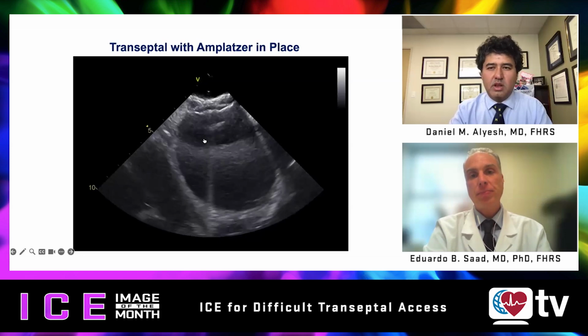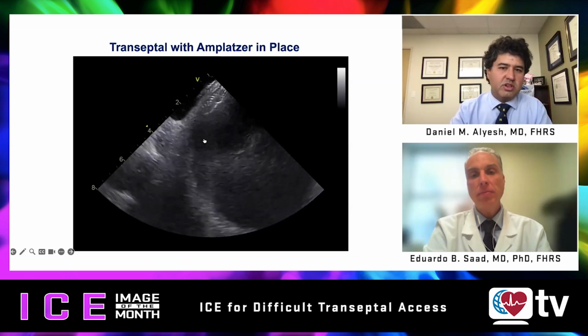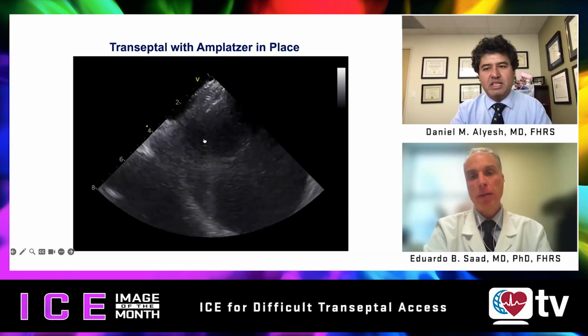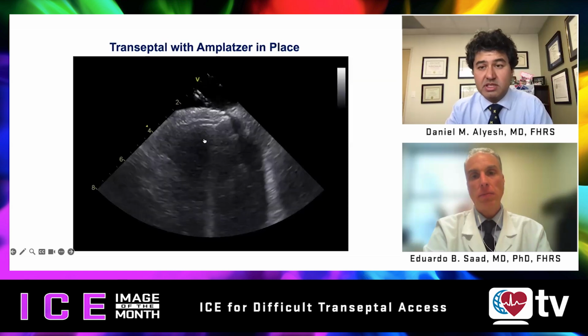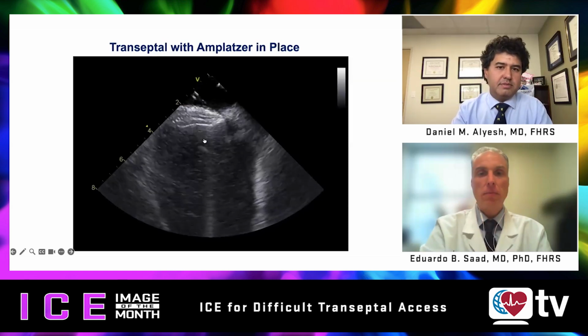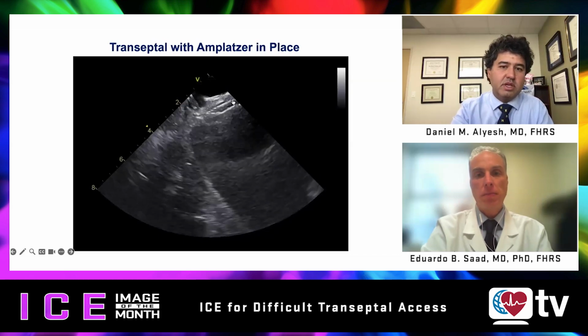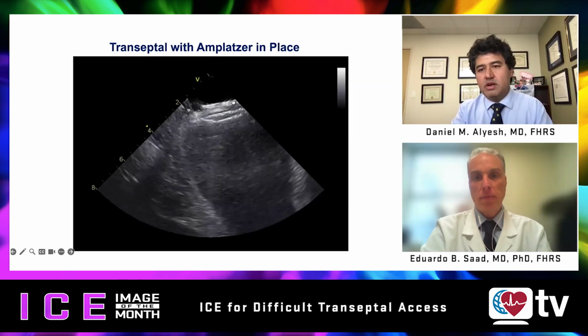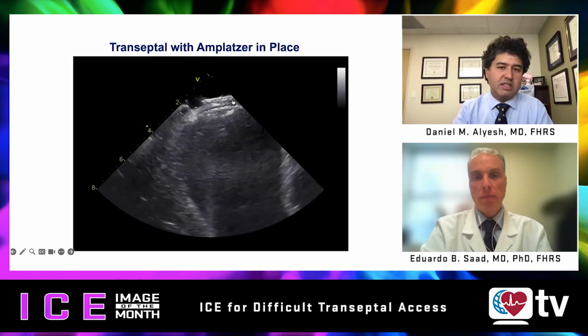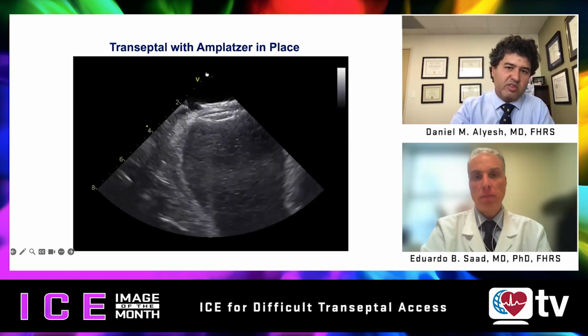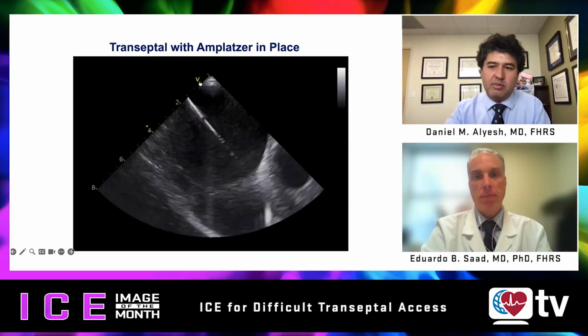No, I agree. I think that inferior posterior rim is often your best ticket, if possible, with these devices. And you're not going to see that without ICE. And additionally, yes, you do have some artifact related to sound reverberation off of the Amplatzer device. But I see you've got some posterior until you come off of that Amplatzer a bit.